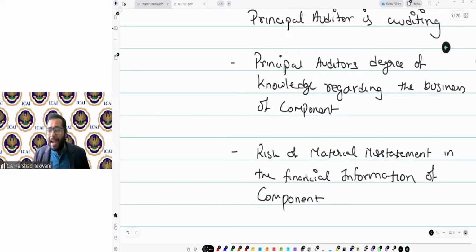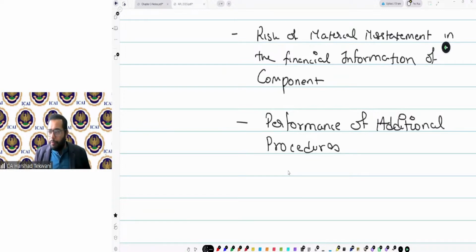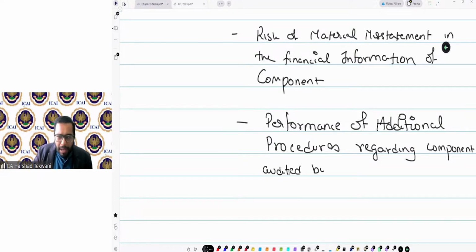And fourth is the performance of additional procedures, which are prescribed in this standard, regarding the component audited by the other auditor, resulting in significant participation.